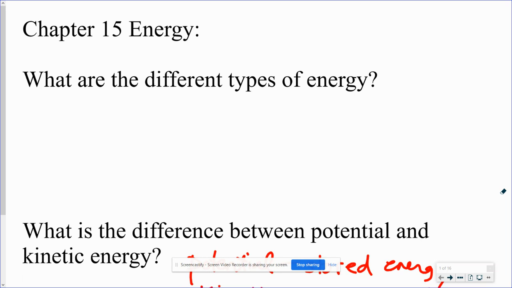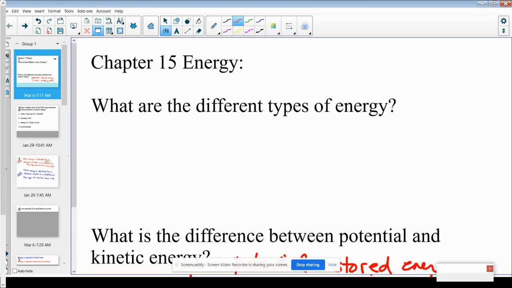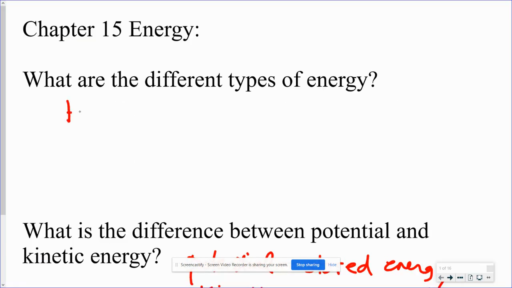So what are the different types of energy? We have heat energy, which is also known as thermal.